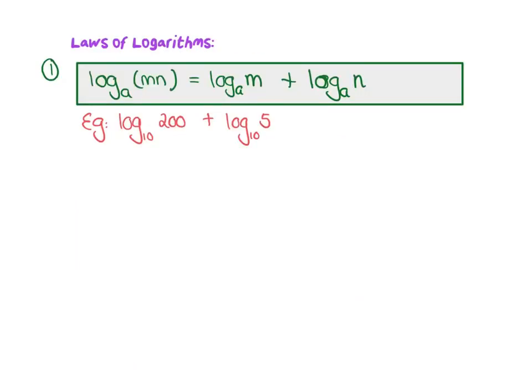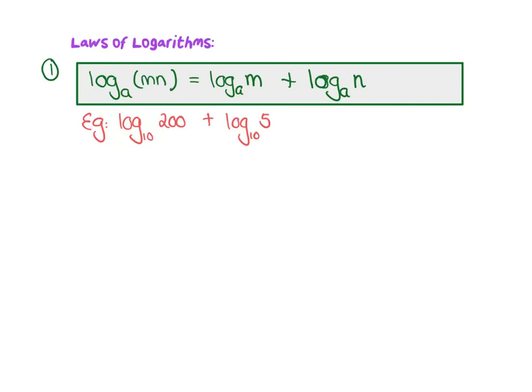Looking at the first log rule, if you've got 2 logs of the same base, see the number here is the same, when you're adding them, you multiply these 2 numbers.